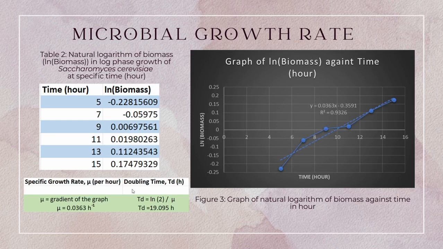Next, we can also calculate the doubling time, TD, in hour. TD can be calculated using the formula TD equals ln 2 divided by mu. So TD equals ln 2 divided by 0.0363, and I get TD equals 19.095 hour.